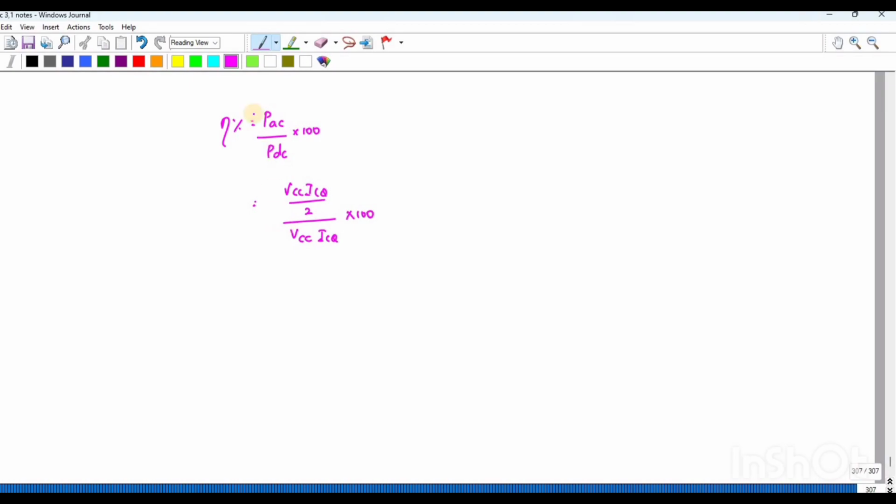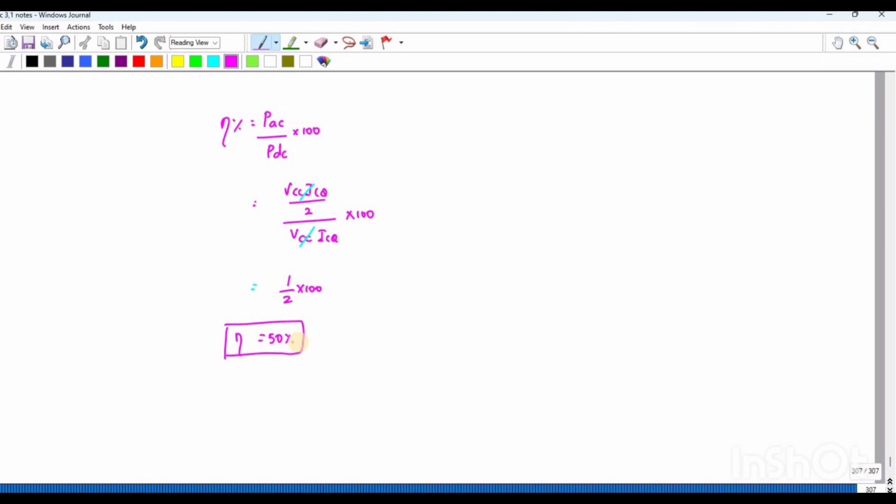So these two get cancelled out and you will get 1 by 2 into 100, that is nothing but 50%. So the efficiency of the transformer coupled amplifier is 50%.